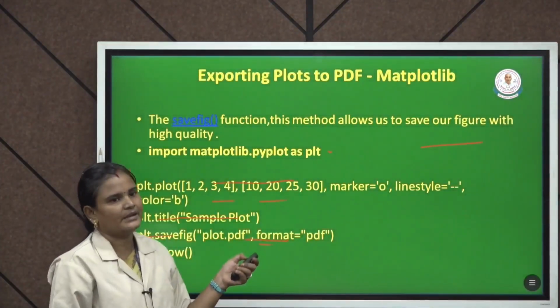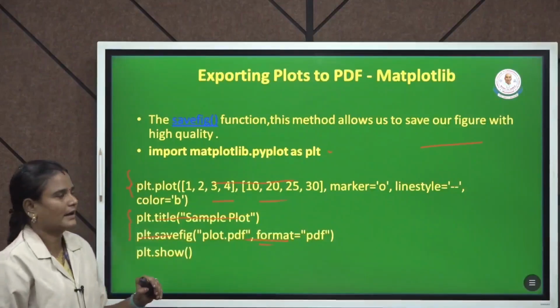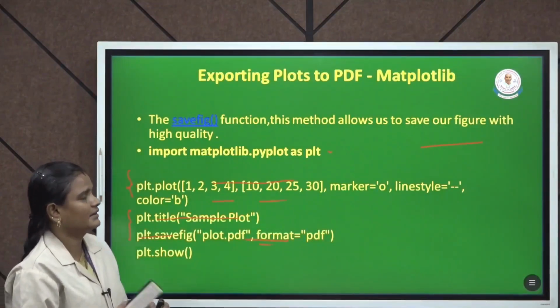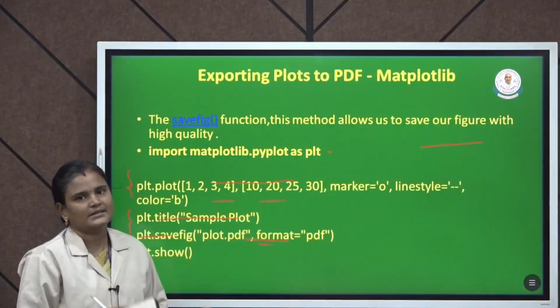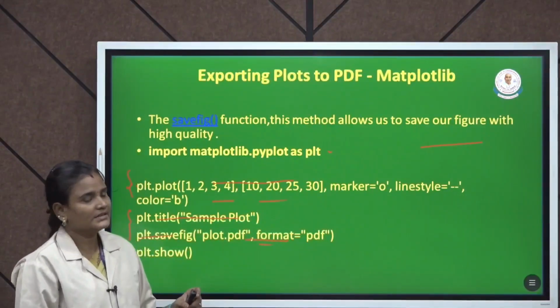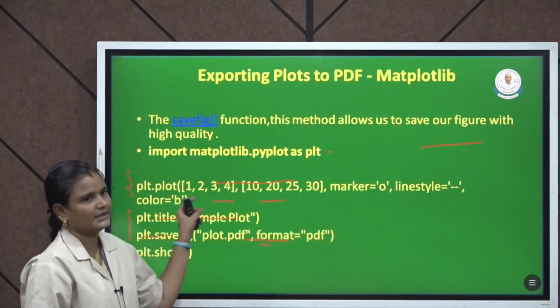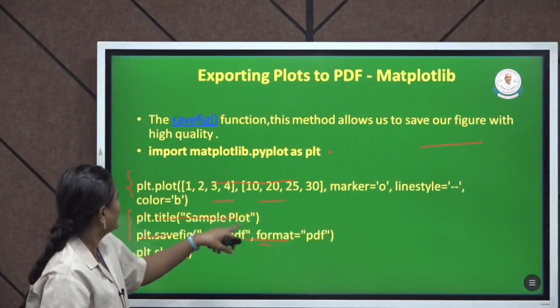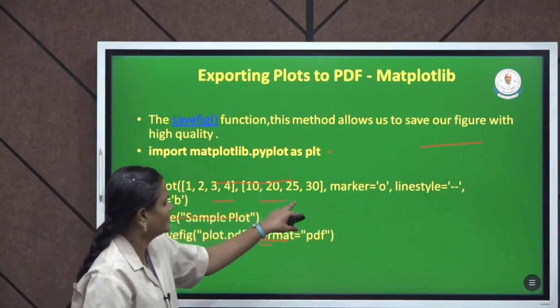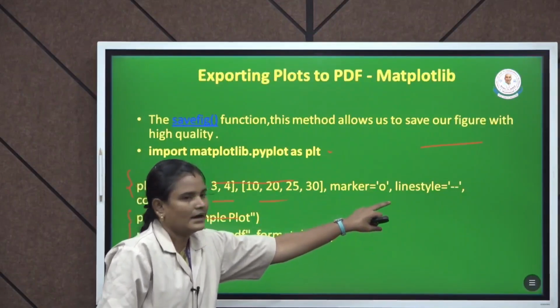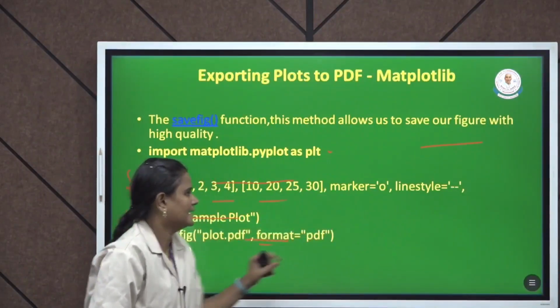Next one is PDF format. After generating the graph, we can store it in different formats, that is JPEG format and PDF format. In this example I am showing how to save the graph in PDF format. The same plot is given with x and y, the marker as o, and the line of the graph as dashed lines.